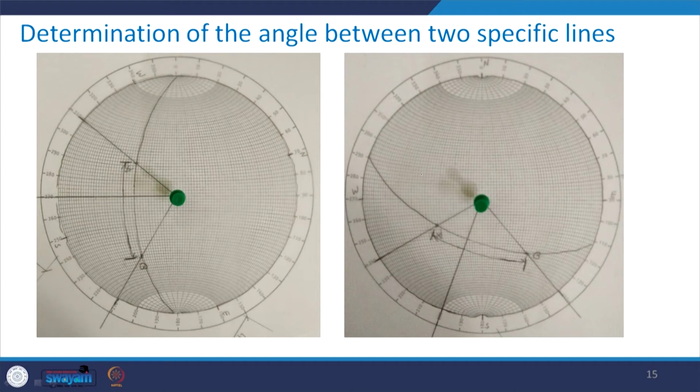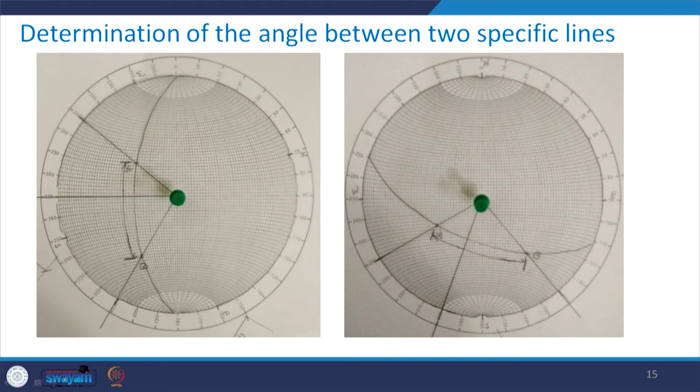Now how can we determine the dip and the dip direction of this great circle? That means this great circle corresponding to both the points, that is, both the points are lying on the great circle. What does that mean?